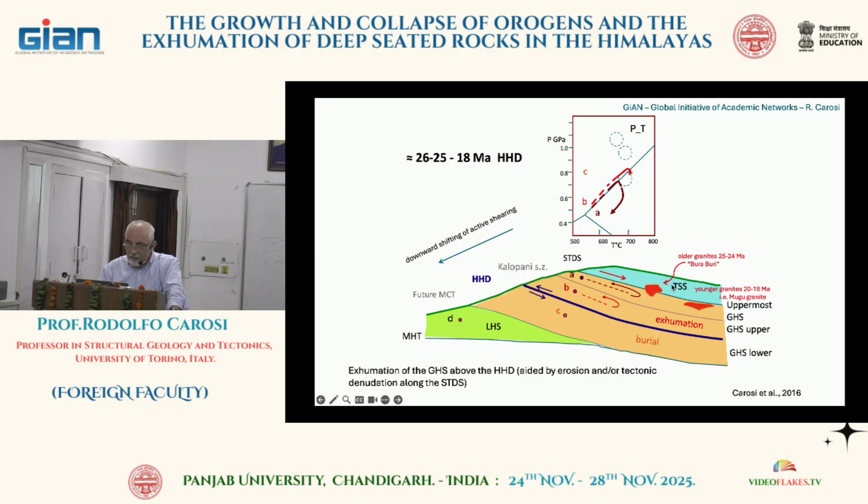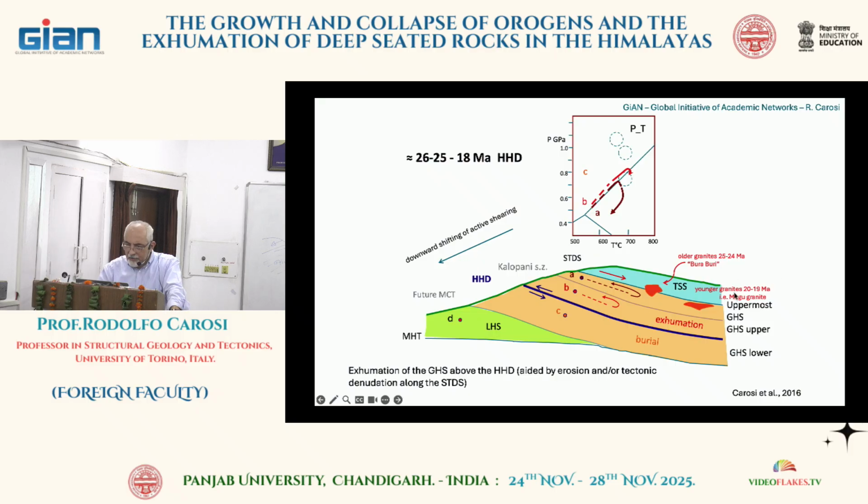At that time, we should have the intrusion of the Burabuti granite here. So it means that before 24 million years, there was an activation of the South Tibetan detachment, probably helping the exhumation of this higher panel of the Greater Himalayan sequence.